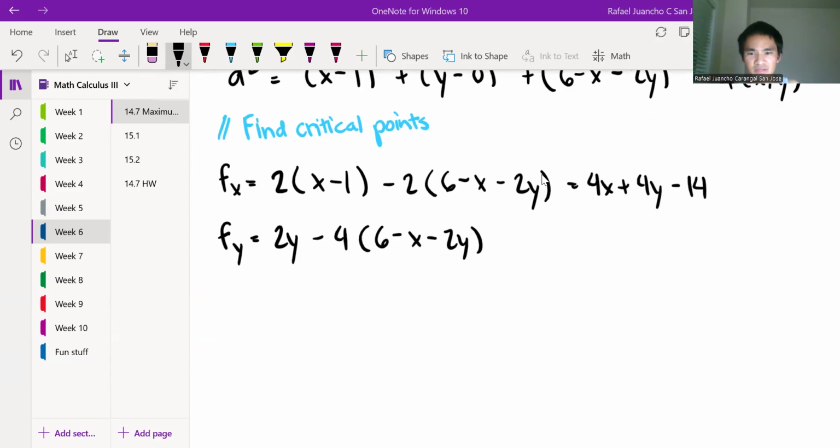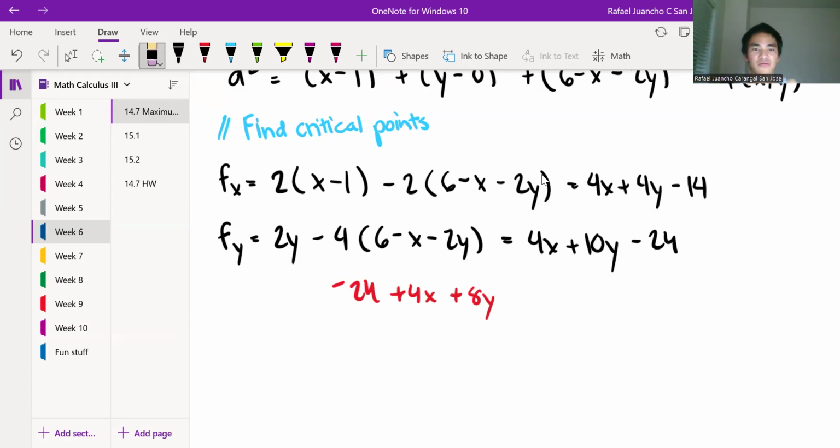And then from there, 24 plus 4x minus, no, plus 8y. So here I actually just get 4x plus 10y minus 24. Right? And I'm going to set them all equal to 0. And then from there, we solve systems of equations.